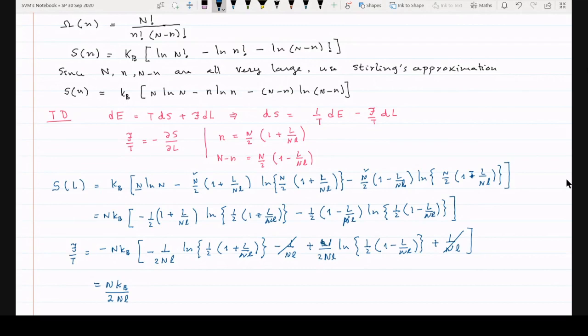And the logarithm, since I pulled out a minus sign, this will be in the numerator and that will be in the denominator. That is 1 plus L by NL divided by 1 minus L by NL.